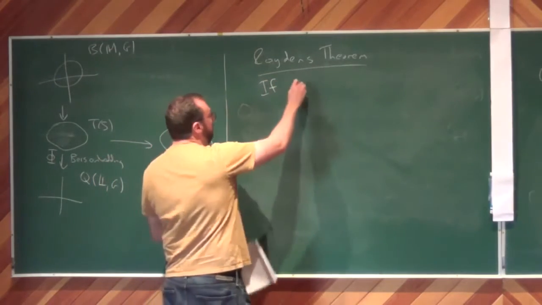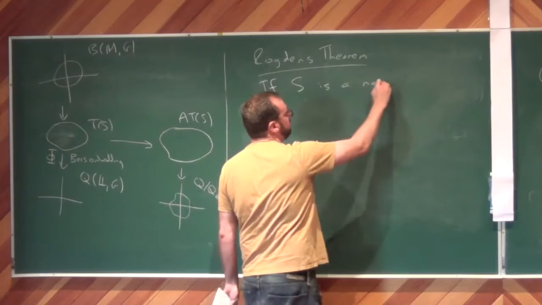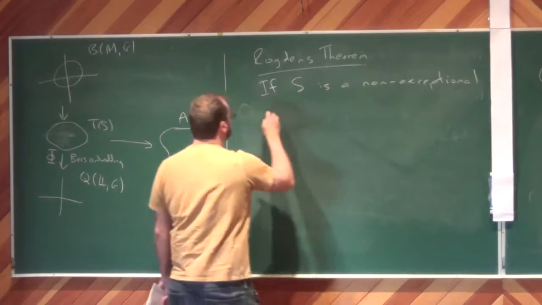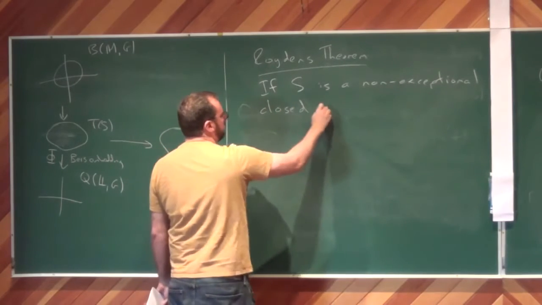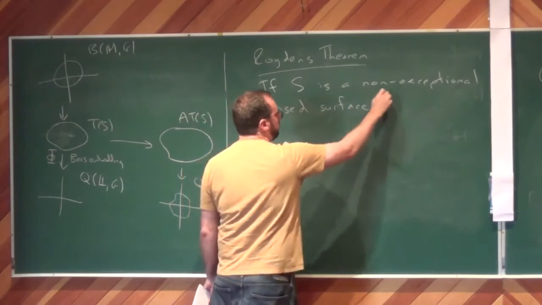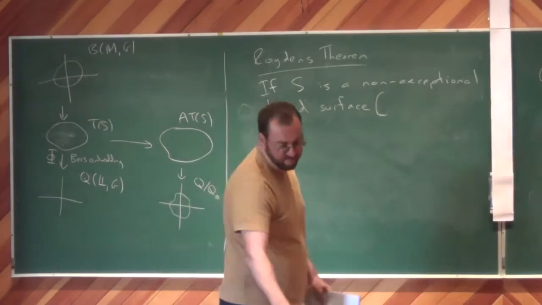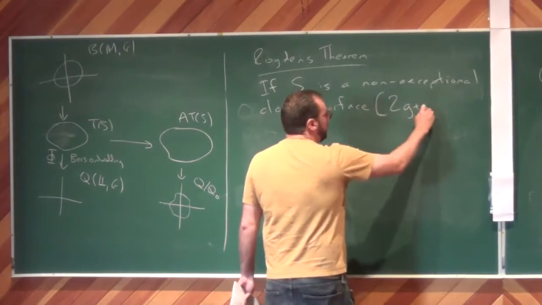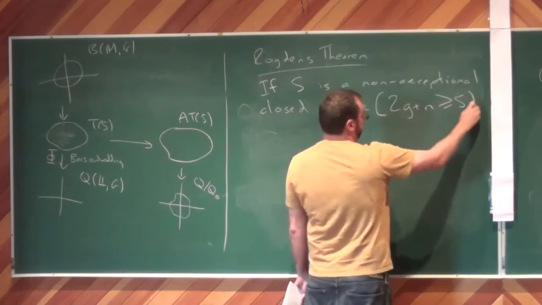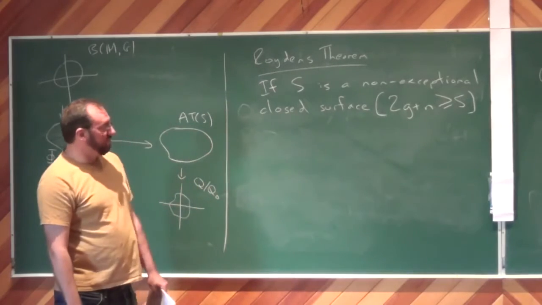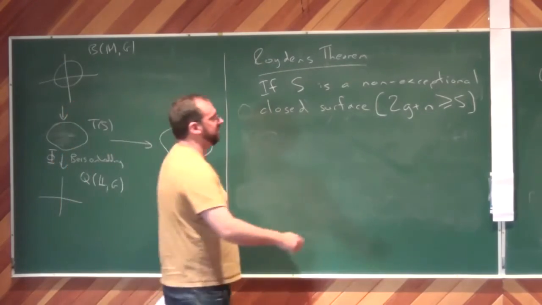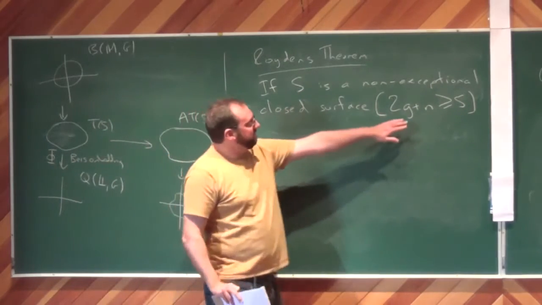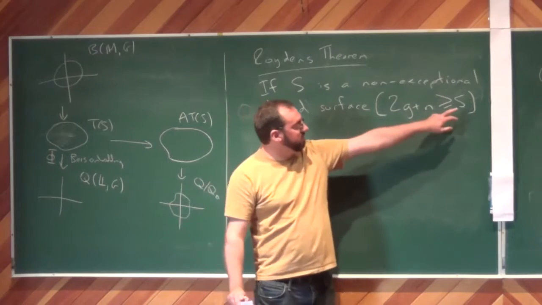So if S is a non-exceptional closed surface, and non-exceptional means that, let me make sure I get this right, if the genus is g and the number of punctures on your surface is n, well, we're kind of not having n to be anything except 0 here, but we call it non-exceptional if it's finite type and 2g plus n is greater than or equal to 5.